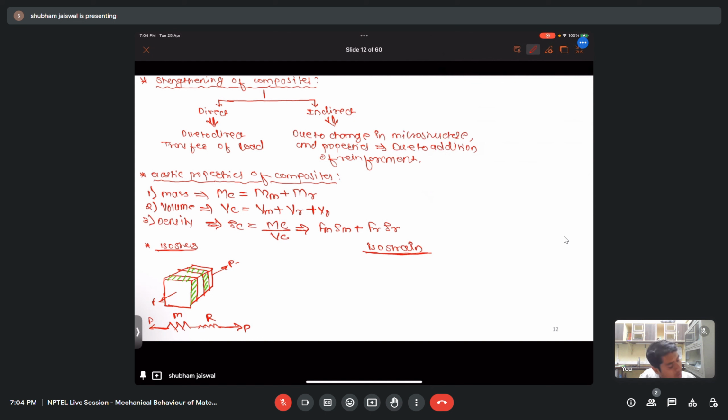So in this case, the Young's modulus Ec is given by Em Er upon Fm Er plus Fr Em. Okay, and it is also the lower bound. Means this is the minimum value that we can get. So this is the lower bound, and this is known as Reuss model also.